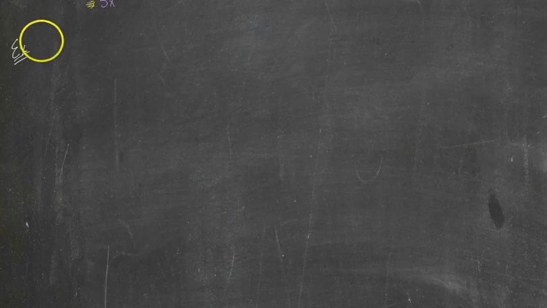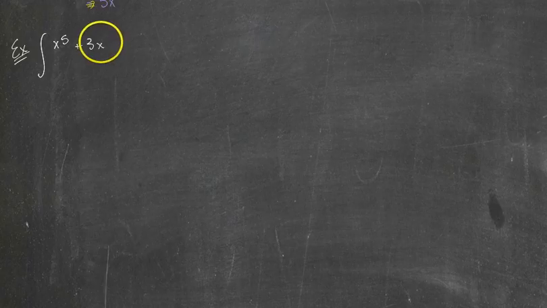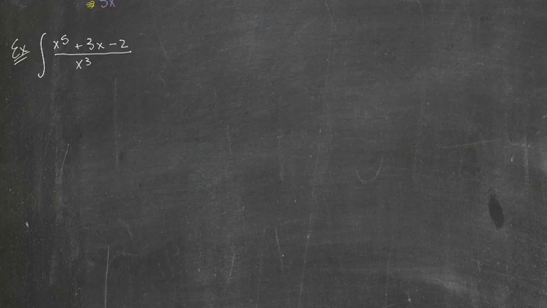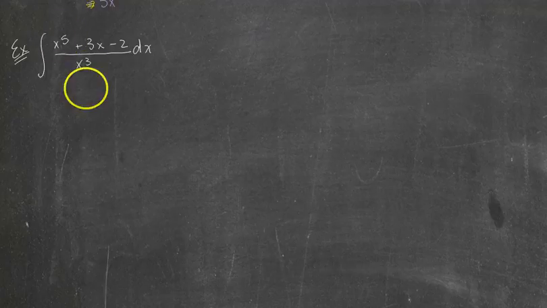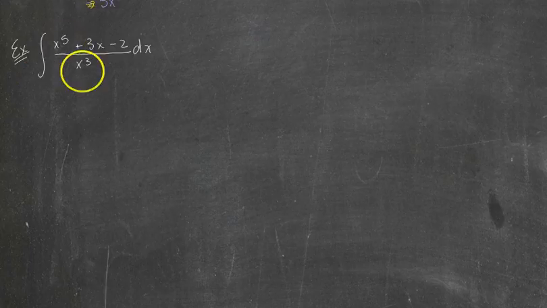So for this example, we're going to take the integral of x to the 5th plus 3x minus 2. Not so scary yet, but as soon as I make it over x cubed, and I want to take it on the variable x, it starts to look pretty complicated. But remember, we can separate these into separate integrals. And we know from Algebra 1 that we can separate the fractions into separate fractions.